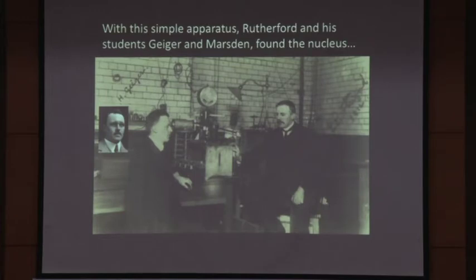Almost, more than that. Then came this gentleman with his graduate students, Geiger and Marsden. Some of you are masters or BSc, right? Have you used, for example, the Geiger counter?